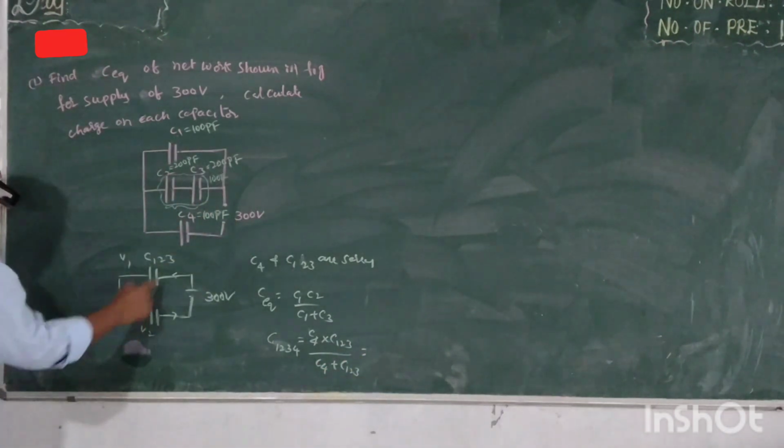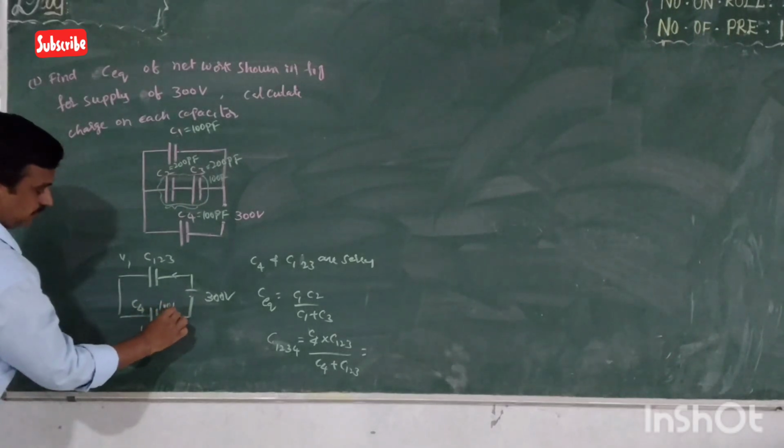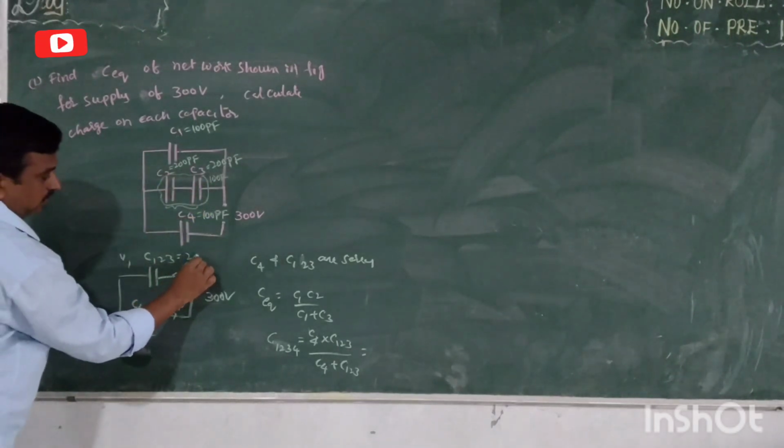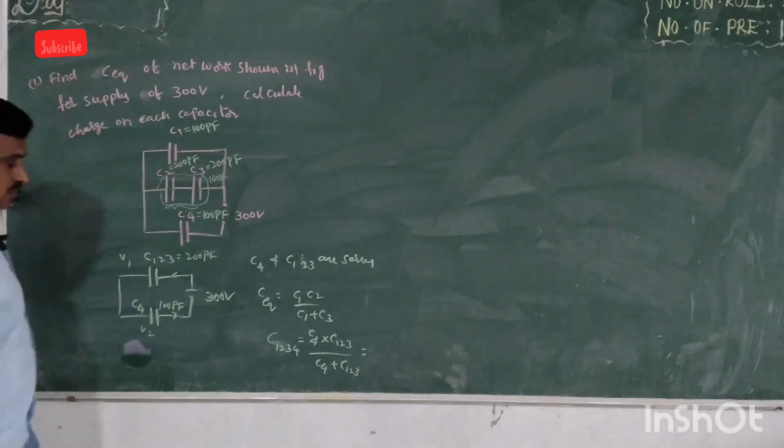C4 is 100 picofarads, and C123 we got 200 picofarads before.